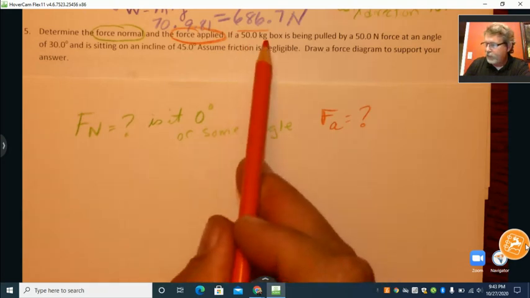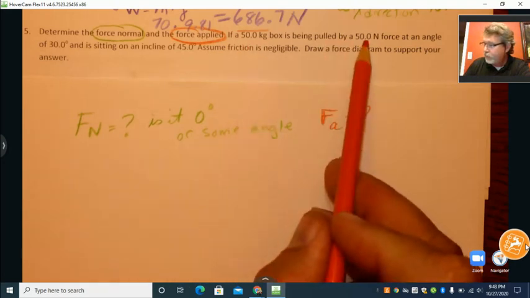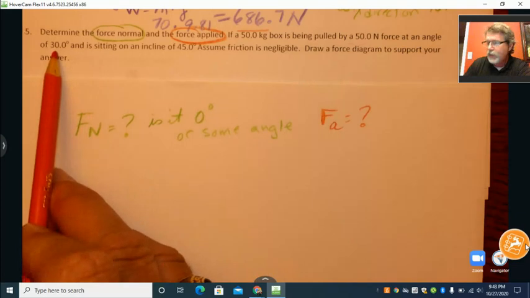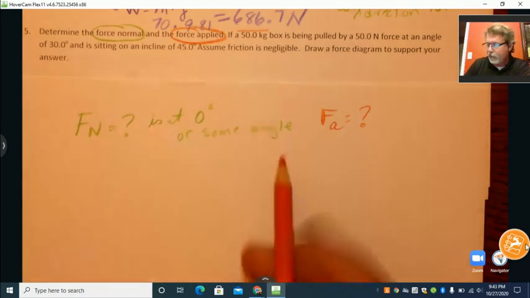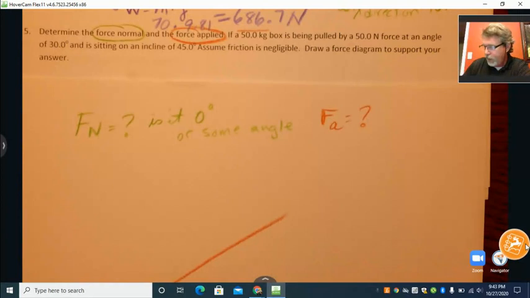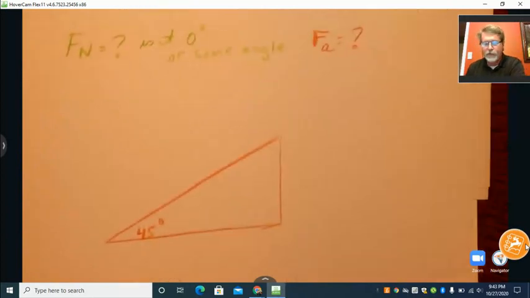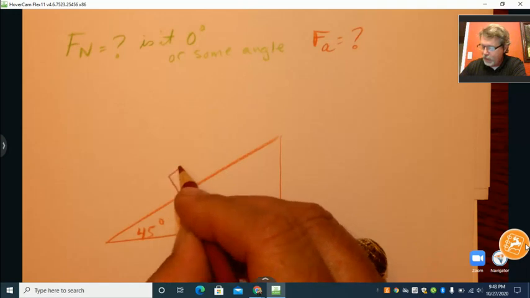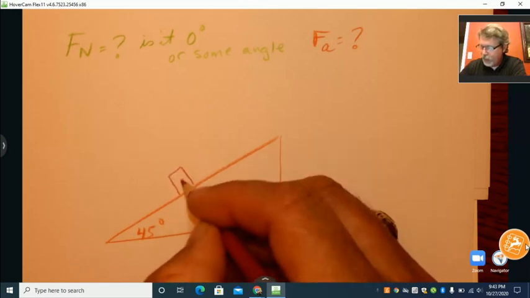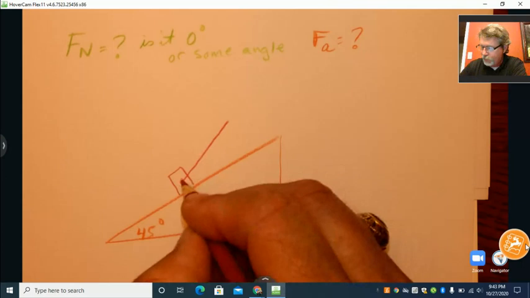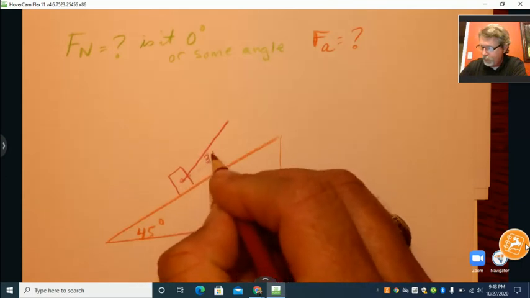So we have a 50 kilogram box being pulled by a 50 newton force at an angle of 30 and sitting on an incline of 45. So we have a 45 degree incline, and sitting on that incline is a box, and that box is being pulled at 30 degrees.